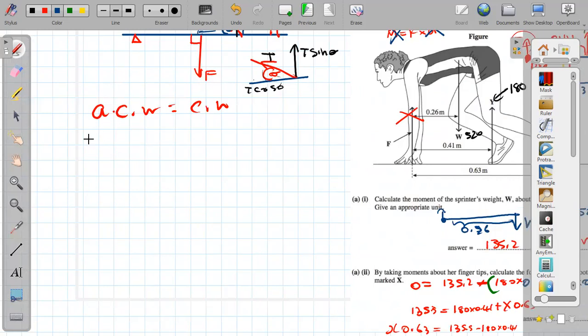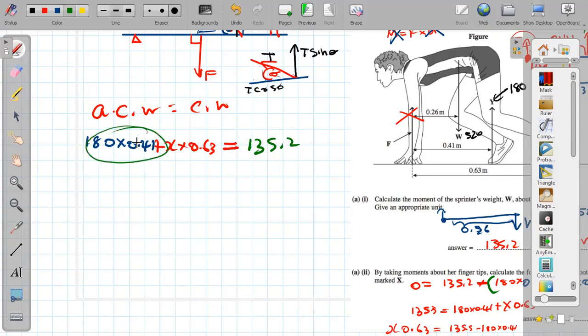180 times 0.41 directly equals to what are the clockwise? So 135.2. So there is another anti-clockwise, plus x times 0.63.